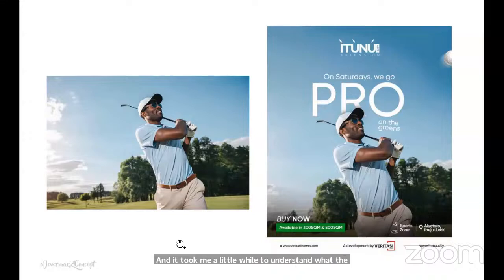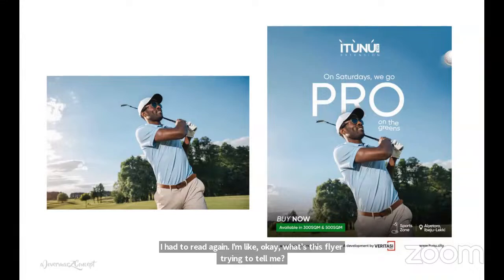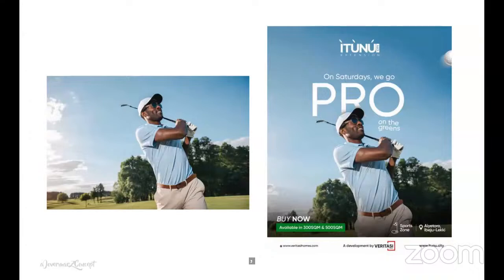But when I looked at the almost right hand corner, I saw the golf ball going. So I had to read again. I'm like, okay, what's this flyer trying to tell me? It shows that this company, Ituno, they are selling, and on Saturday they are going to the site to check.